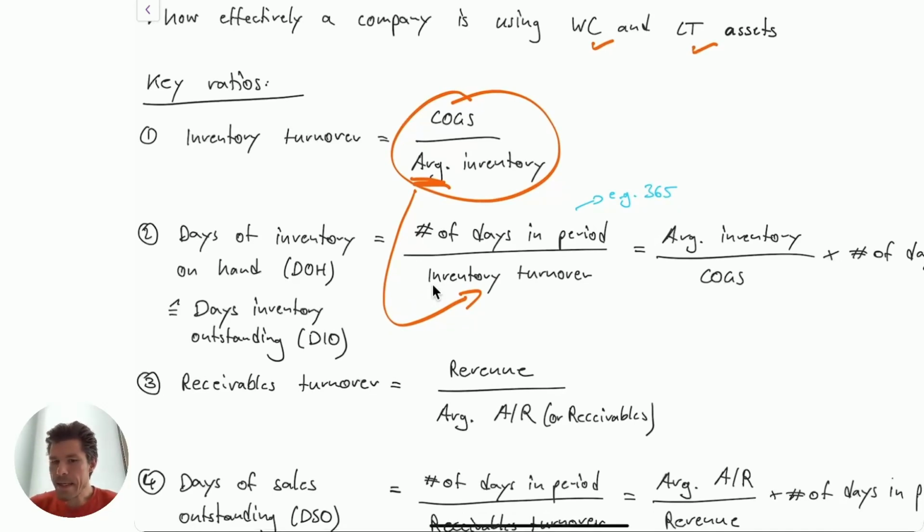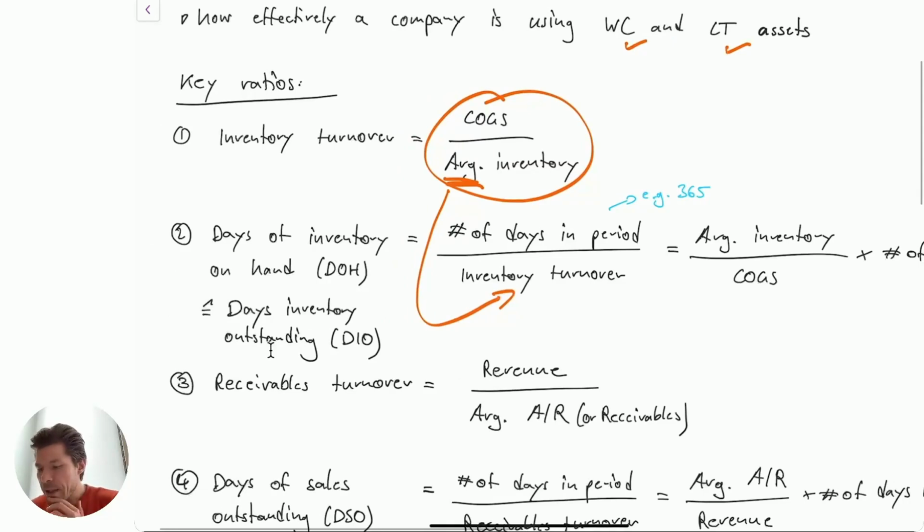Sometimes it is used a bit differently. Some analysts say days inventory outstanding measures how many days it takes for a company to sell its inventory.